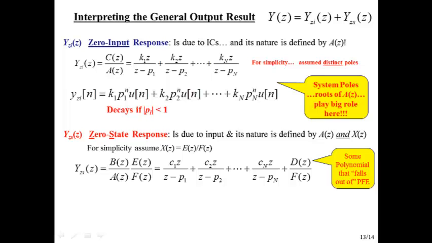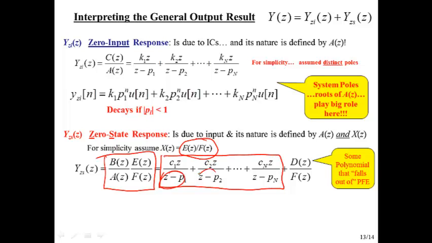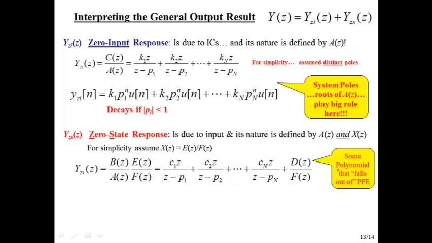The zero state part will consist of this product, where we're assuming that our input has some z transform that is just a ratio of two polynomials in z. If we do partial fraction expansion and split all this apart, we'll see that there's one part here that's due to all the different poles. And again, I'm assuming distinct poles here.